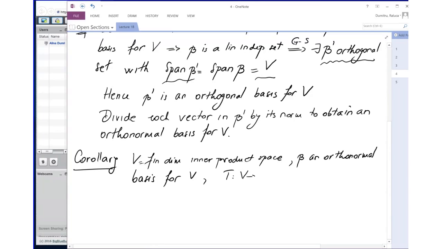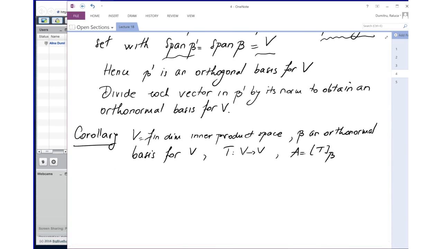Let's say T is a linear operator, so a linear transformation from V to V. And let's call A the matrix of T in the basis beta. Let me not call it corollary because I'm not going to make a statement and then prove it. Just say note. Okay, so now how did we find the entries of the matrix A?